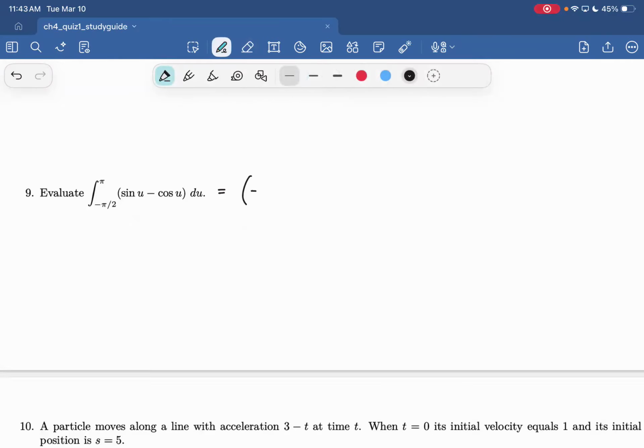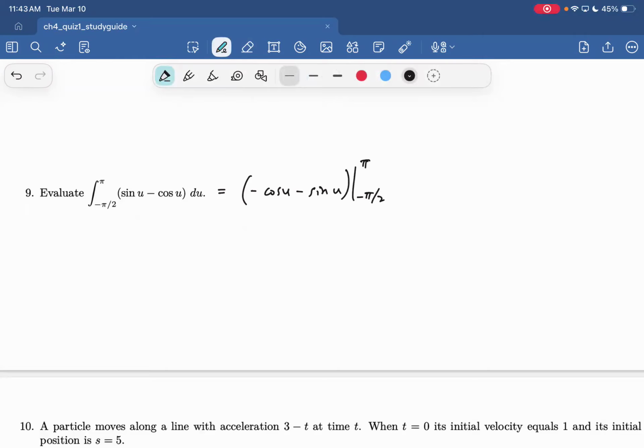It's negative cosine u minus sine u. And we're evaluating this from -pi/2 to pi.